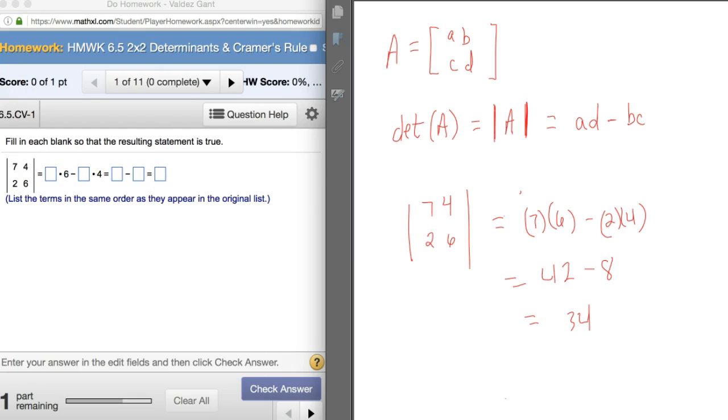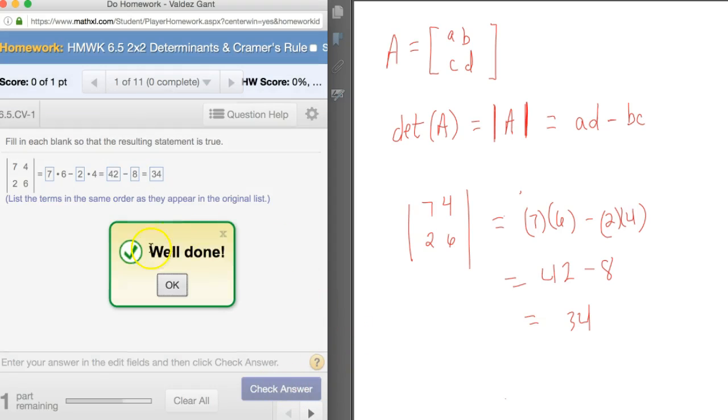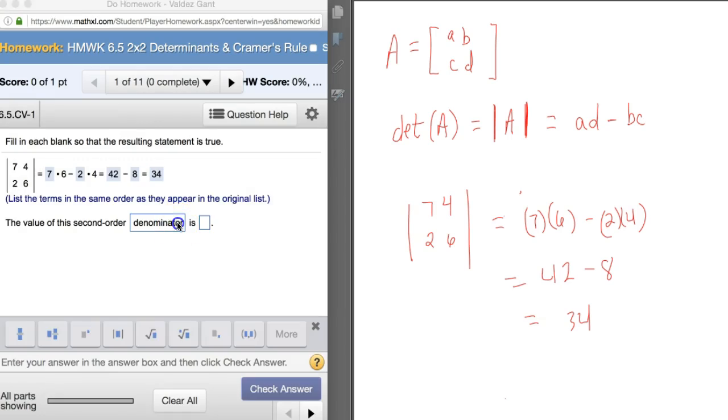So when we do this, this will be 7 times 6 minus the 2 times 4, which is 42 minus 8, which is 34. And that is how we calculate a simple determinant of a 2x2 matrix.